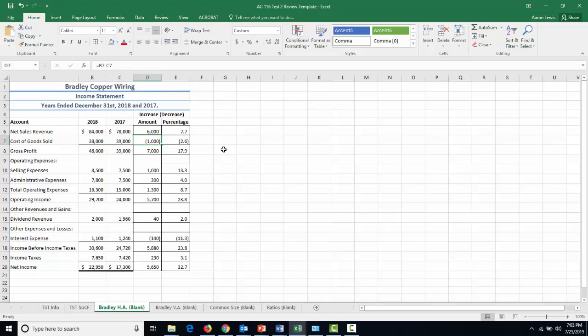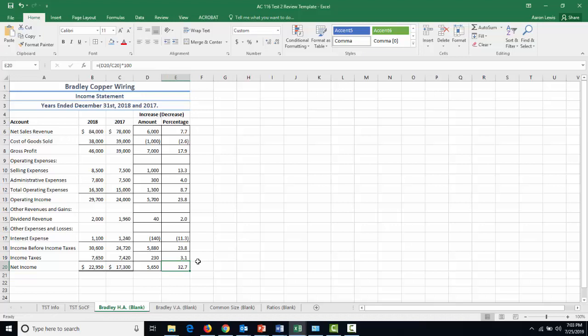And even though we had an increase in expenses, that 8.7% increase in operating expenses is less than our 17.9% increase in gross profit. And down at the bottom for our bottom line, we can see right here that we had an increase of 32.7% in net income. Everything is looking good for Bradley Copper Wiring right now. 2018 was a much better year for them than 2017.